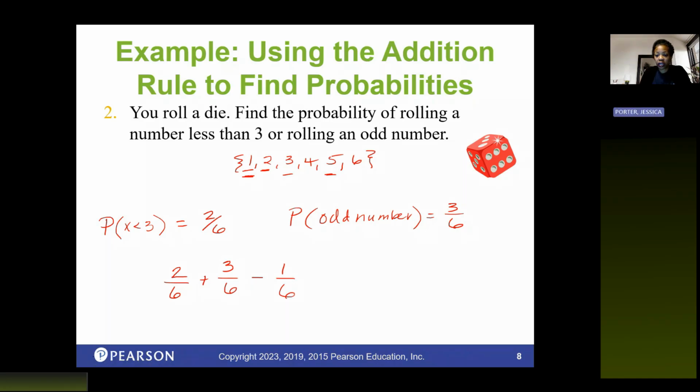So I think someone guessed it earlier that it was 4 out of 6 as the answer, which would be correct. Does everybody see how we got 4 out of 6 here? This 1 out of 6 is where we overlap.